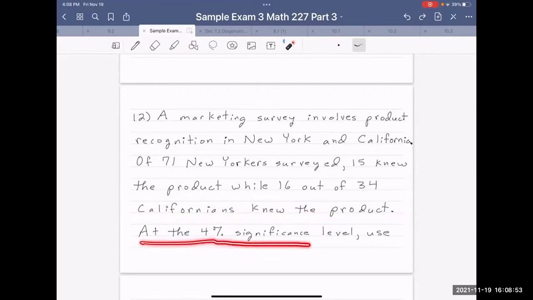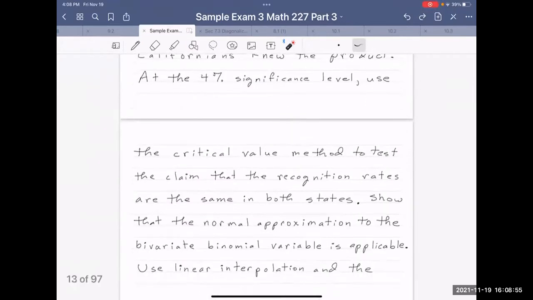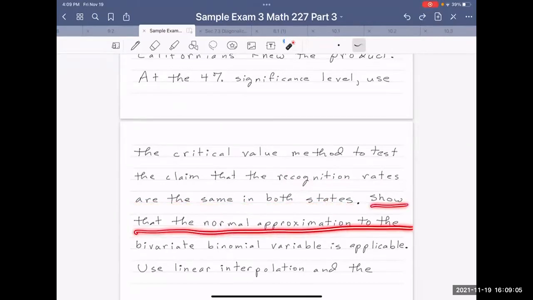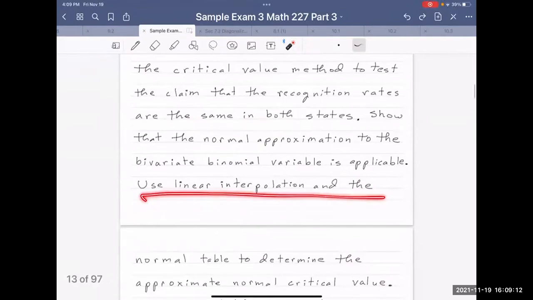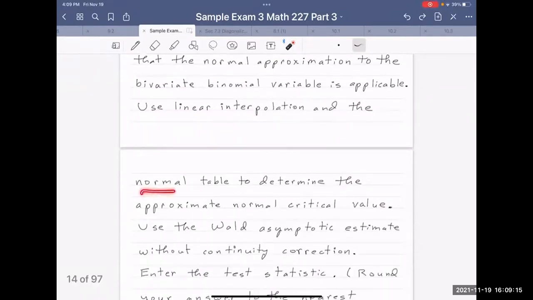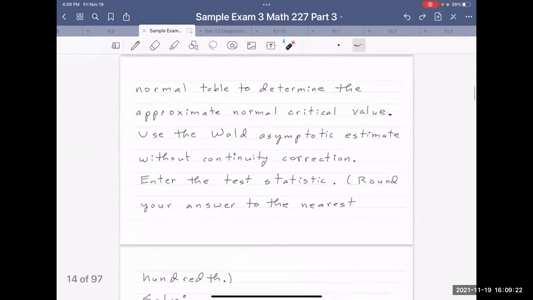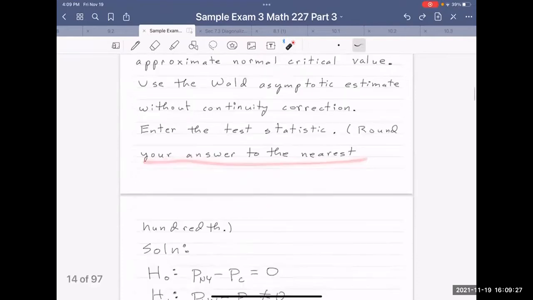At the 4% significance level, use the critical value method to test the claim that the recognition rates are the same in both states. Show that the normal approximation to the bivariate binomial variable is applicable. Use linear interpolation and the normal table to determine the approximate normal critical value. Use the Wald asymptotic estimate without continuity correction. Enter the test statistic, round your answer to the nearest hundredth.